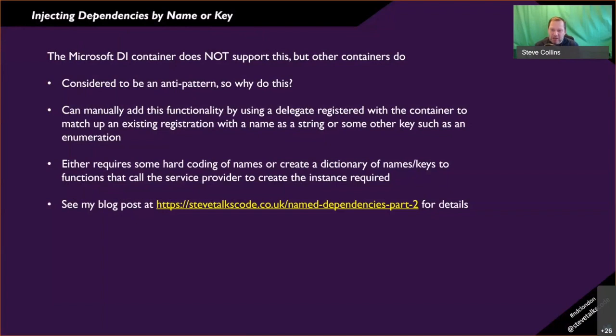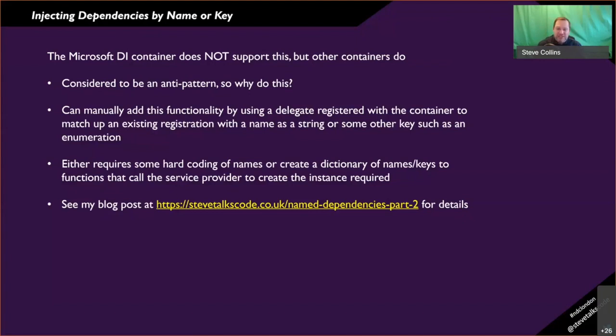So this occurred to me a while ago when I had a situation where the type of mapping algorithm to use was determined at runtime by the value being returned from a database. And rather than have some hard-coded switch statement inside my repository that would need to be updated each time a new value came along into the database, I wanted something that could be injected from the container just to give me the mapping functionality I need.